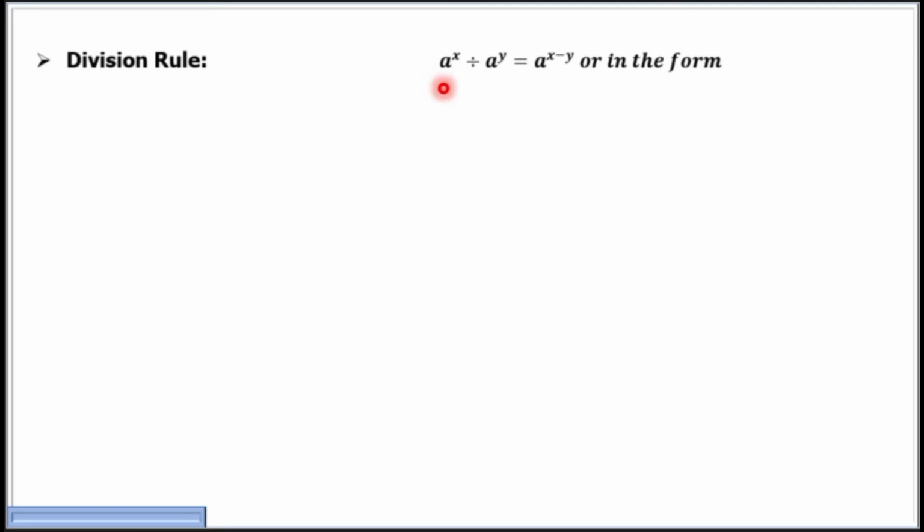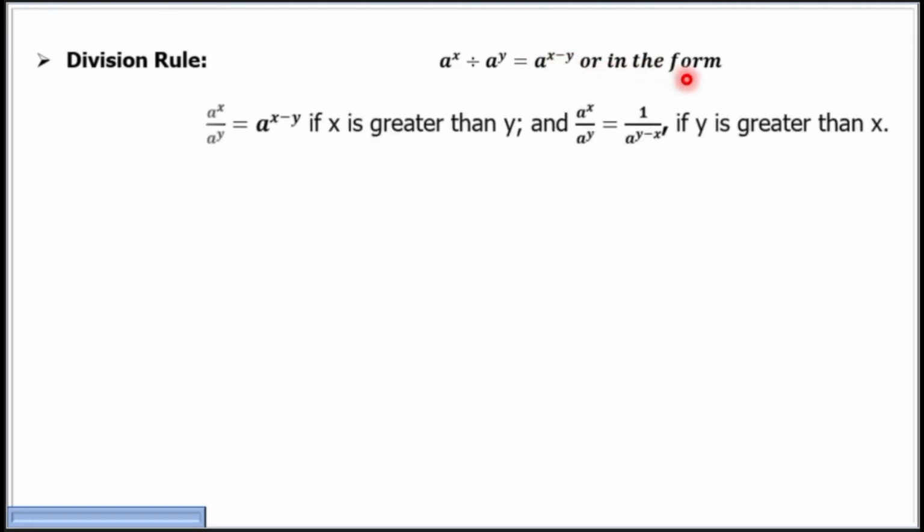So, that will become a raised to the power of x divided by a raised to the power of y is equal to a raised to the power of x minus y, or in the form a raised to x over a raised to y. Remember, division, pwede na nato in a form of fraction.